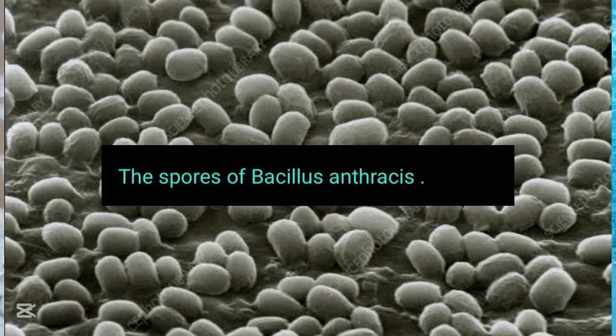The spores of the Bacillus anthracis will now just lie dormant in the outside environment, maybe in the grass, in the dust, in the debris, just waiting to infect any animal or a human being.